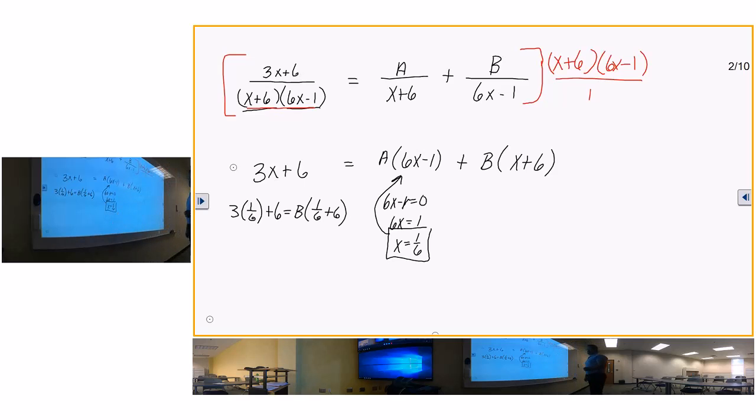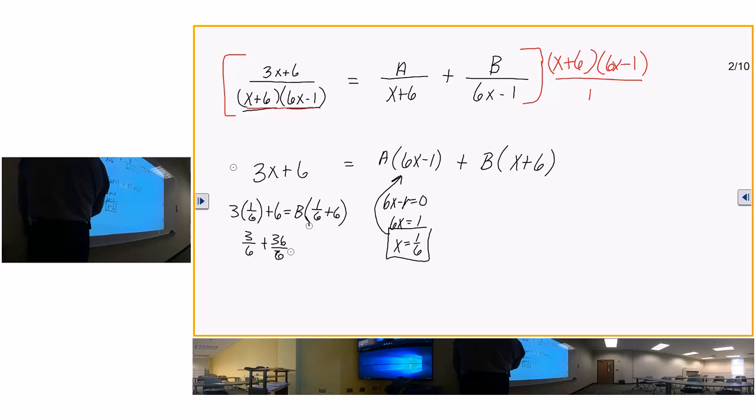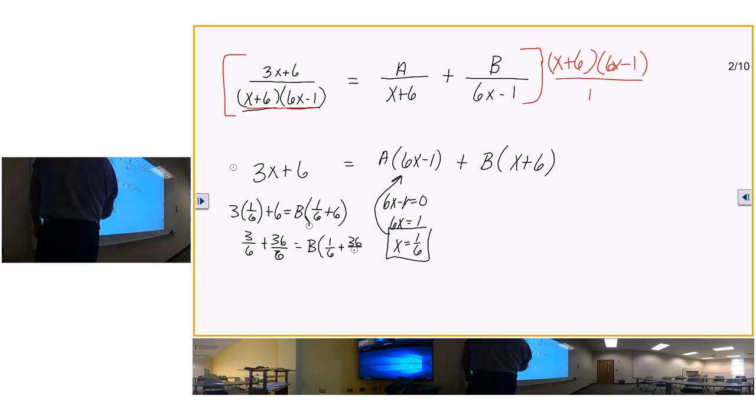So I'm just skipping a step there. All right? This becomes 3 over 6. So I got to get a common denominator. 36 over 6. Oops. Equals b times 1/6 plus 36 over 6.